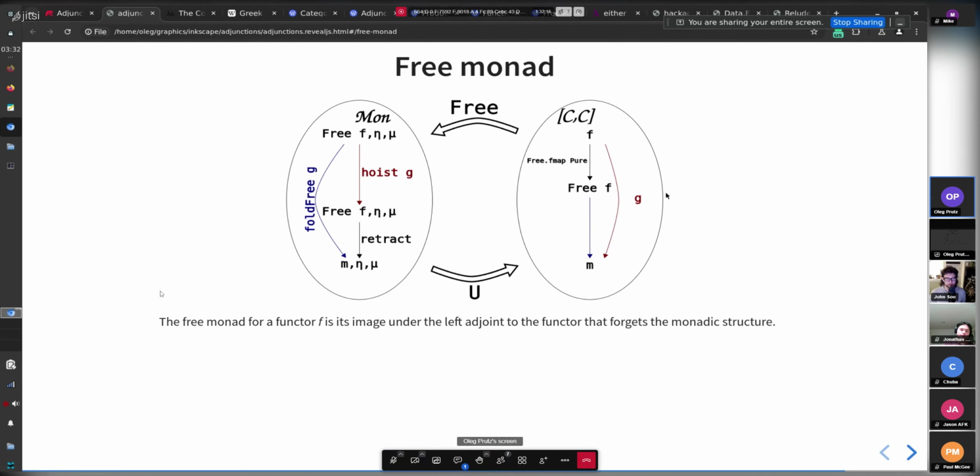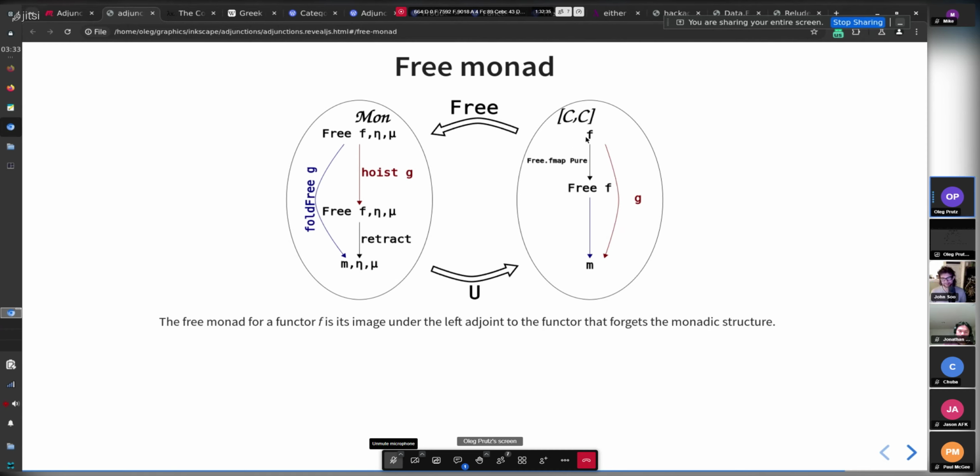So free monads are often used to construct EDSLs, right? So are you familiar with that? Anybody not familiar?